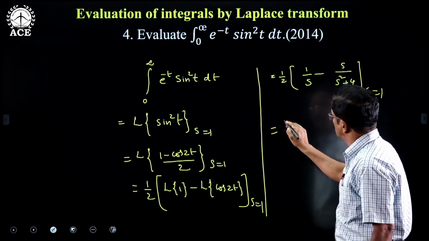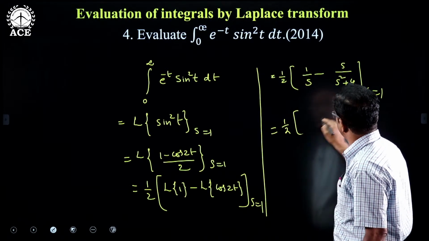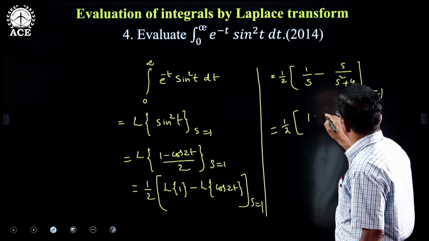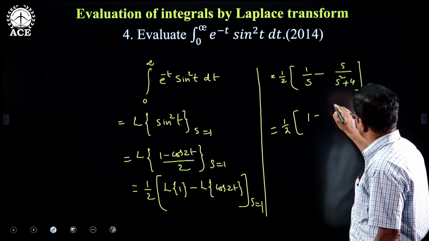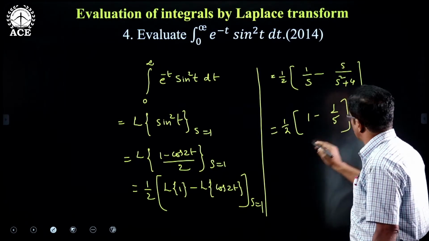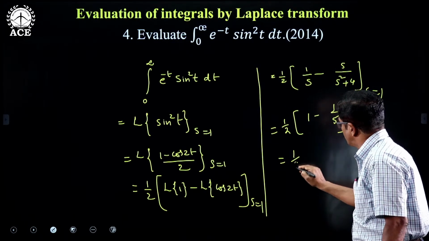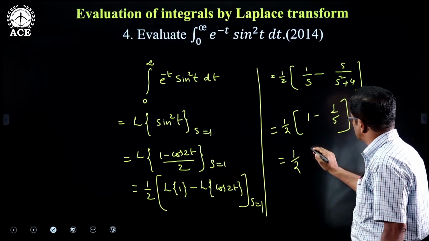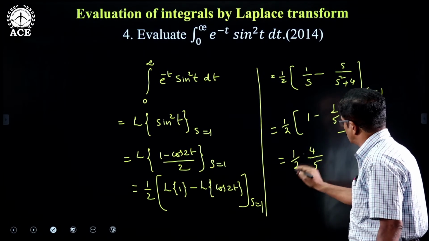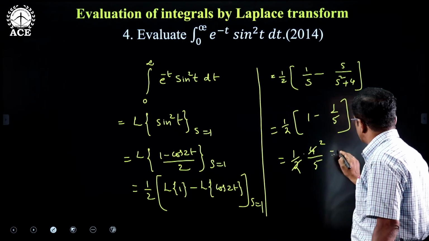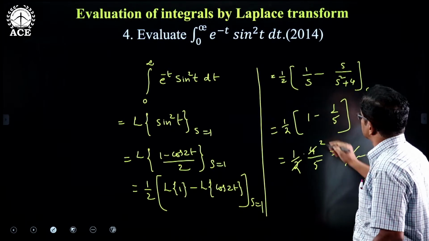So 1 by s is 1, and 1 by 1 square plus 4, that is 1 by 5. So 1 by 2 into 1 minus 1 by 5 is 4 by 5. On cancellation you get 2 by 5. This is the Laplace transform of this.